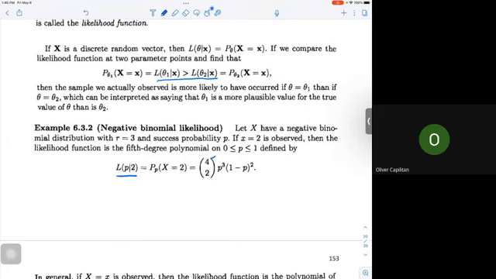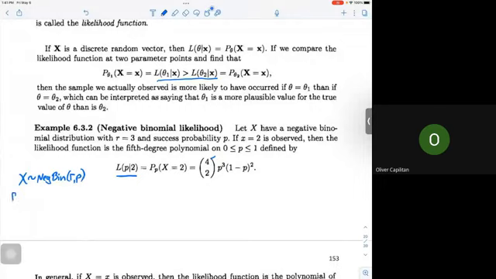So this 4 is actually from our formula. If x has a negative binomial distribution, say with parameters r and p, x here refers to the number of failures before the r-th success.